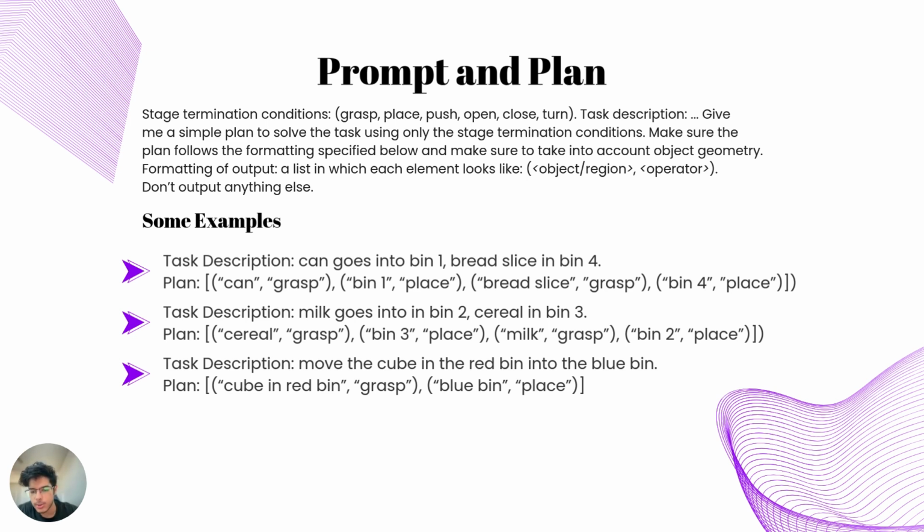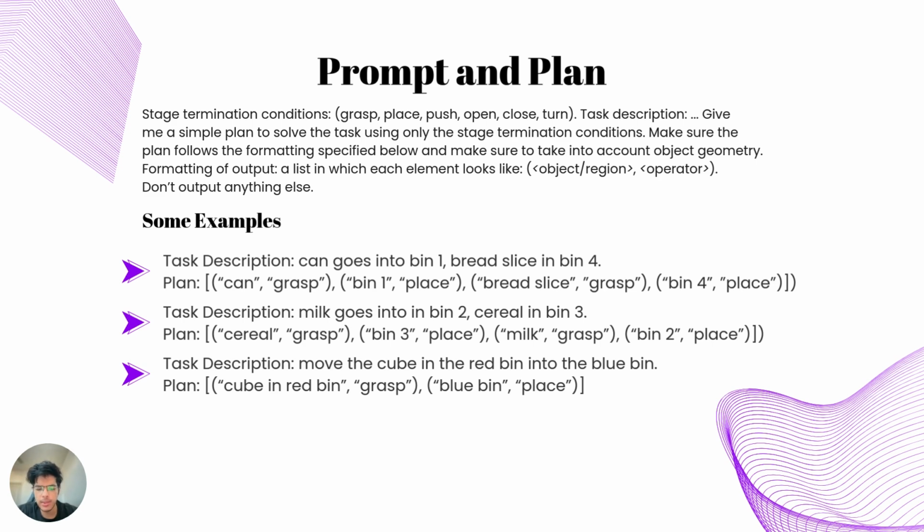Next comes the task description. It is the main or the complex aim of the robot which is to be completed. It is written in natural language description. For example, the gold nut goes on the gold peg and the silver nut goes on the silver peg. The last component of the prompt specifies the output formatting.